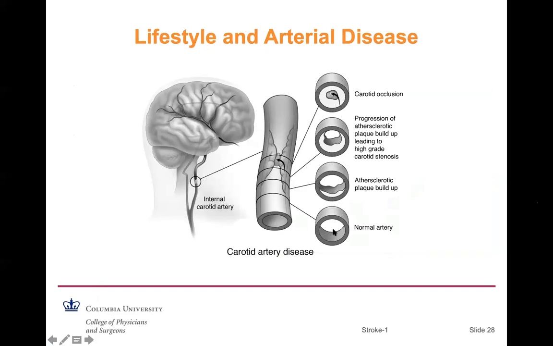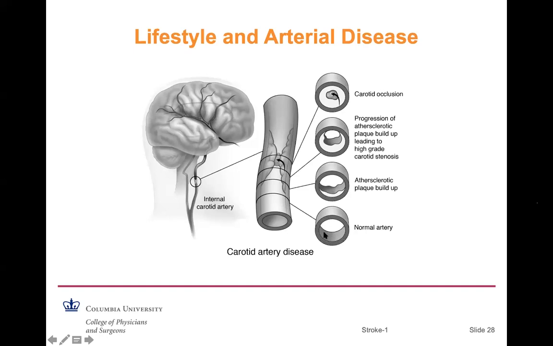Now, the arteries, as I mentioned, should be nice and clean, nice and open, and this is a nice clean artery. The healthy person who lives a healthy lifestyle, doesn't smoke, doesn't eat high cholesterol foods, has a healthy diet, exercises, all of these things maintain a healthy artery.